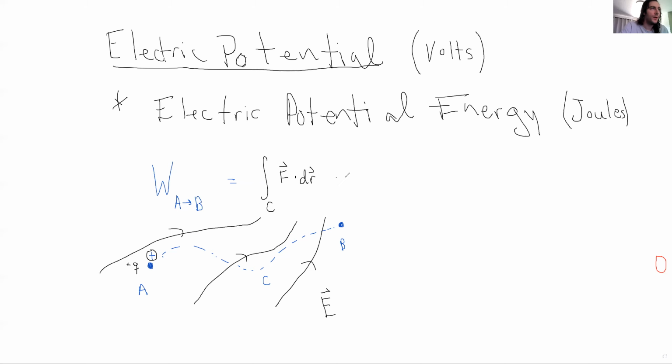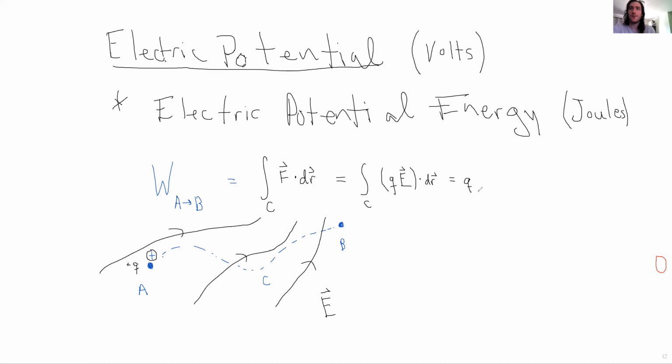So we can change the force on a charged particle from F to Q times E, right? So that's one thing that we can do, a little preliminary step. And so we can pull the charge out because Q does not depend on what's being integrated over inside our integral, right?